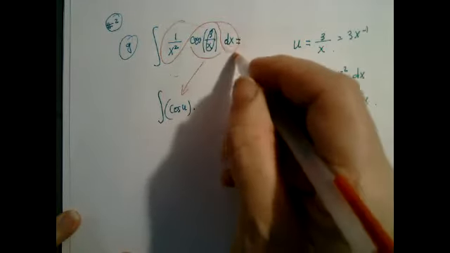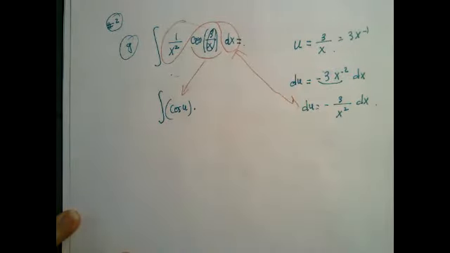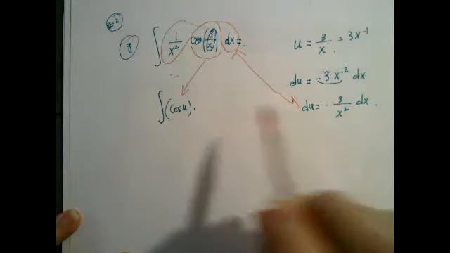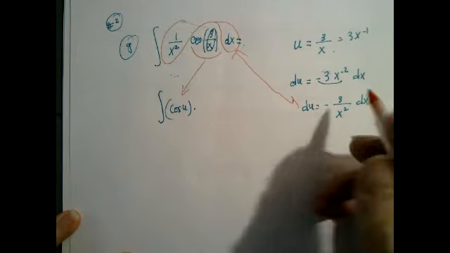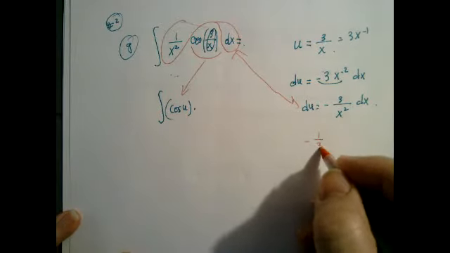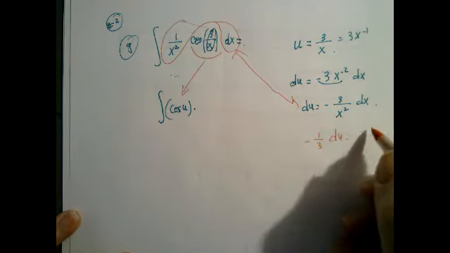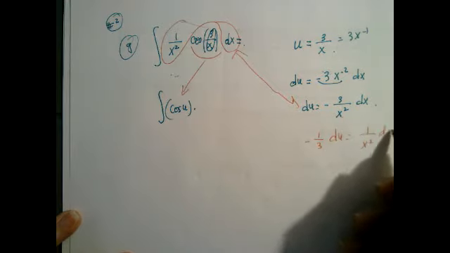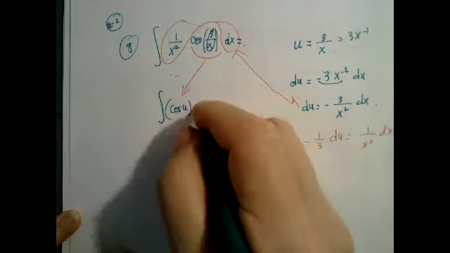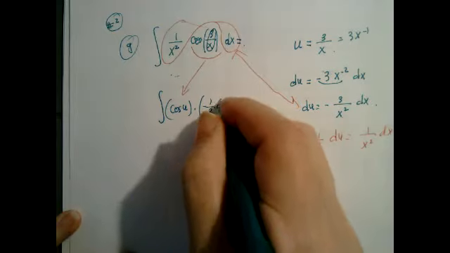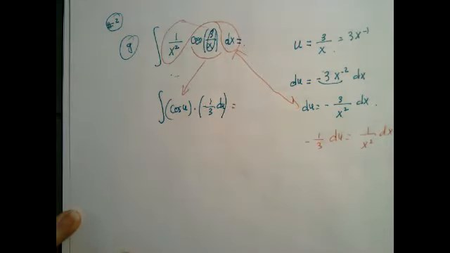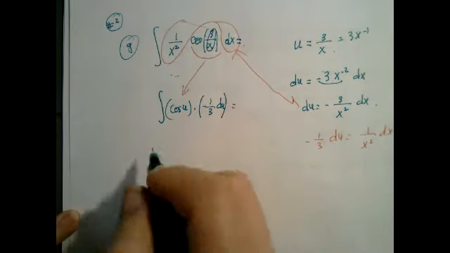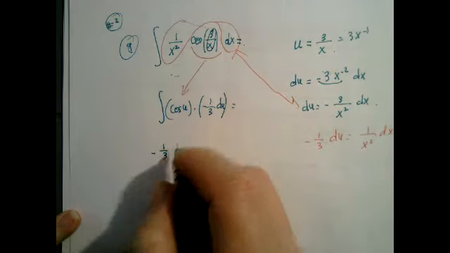Now, of course, we are smart enough to know that this is almost the same. So 1 over x squared dx, I can pull it up from here by dividing by a third both sides. Give me 1 over x squared dx. And this will give me minus a third du. And now the problem is basically done. Minus a third factored out.